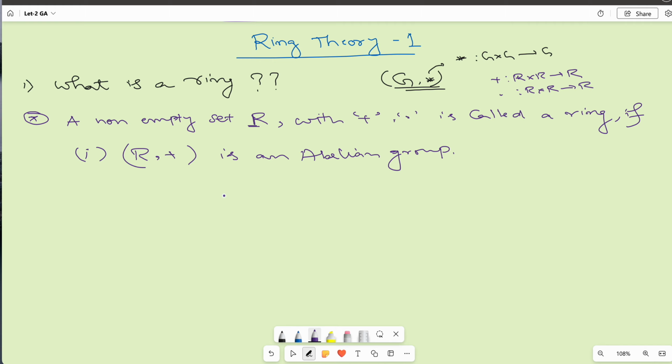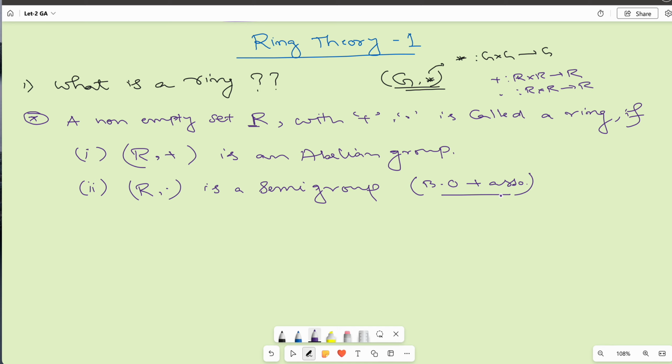The second property it should satisfy: R with respect to the second operation dot is a semigroup. That means the binary operation dot is associative. This is called a semigroup.